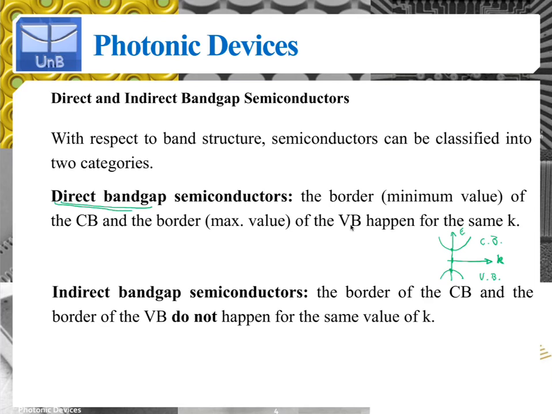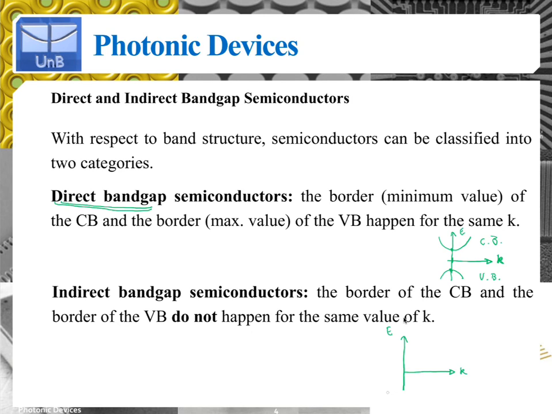And we'll see why the term direct is used later, but as opposed to this, for indirect bandgap semiconductors, these borders are not aligned in terms of K. So the border of the conduction band and the border of the valence band do not happen for the same K value. So if we make the same drawing, now for an indirect bandgap semiconductor, what we would see is something closer to this.